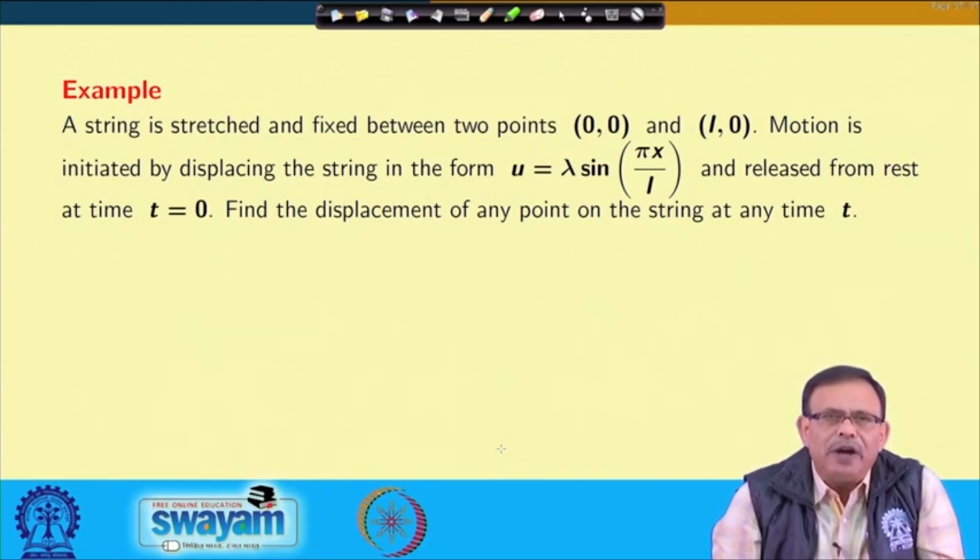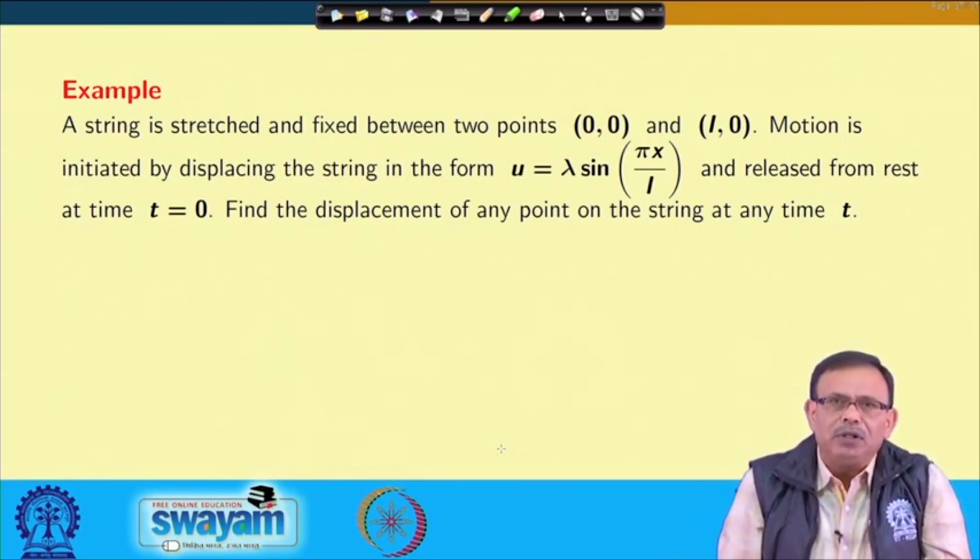So, basically, you have to find the displacement, that is u(x,t), at any point of time. Your string is stretched between two fixed points (0,0) and (L,0). Also, it has been told that motion is initiated by displacing the string in the form u equals lambda sin(pi x by L) and released from rest at time t equals 0.